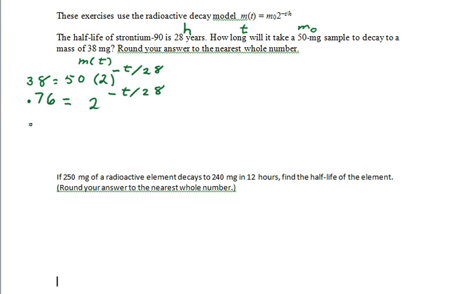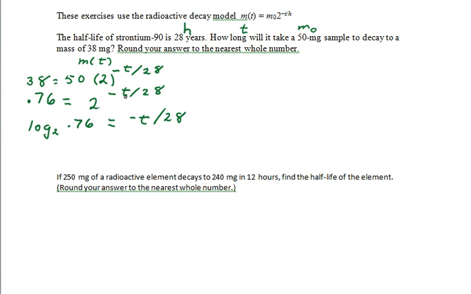Now I'm going to take the log base 2 of both sides. Log base 2 of 0.76 equals the opposite of t divided by 28. And remember that the log base 2 of 2 to the power leaves the power, because the log and exponentiation with the same base are inverses of each other.